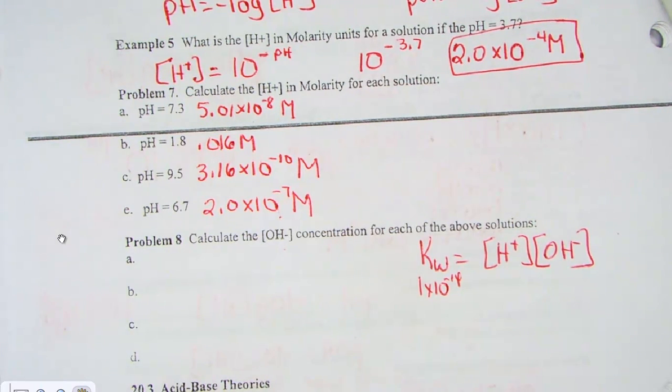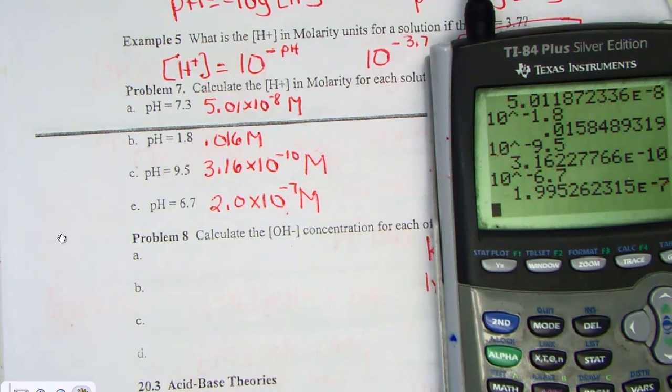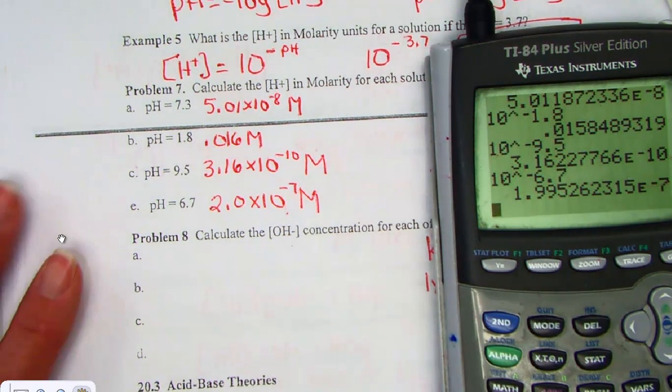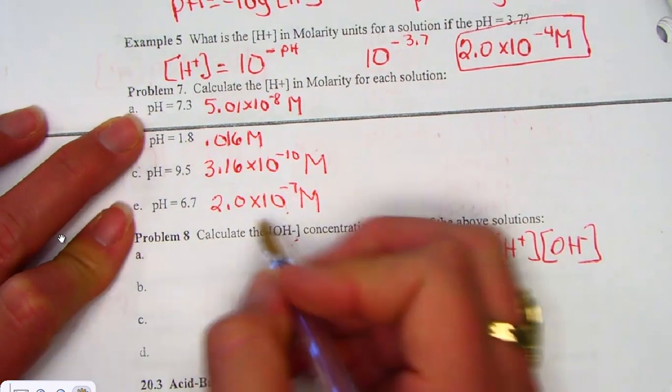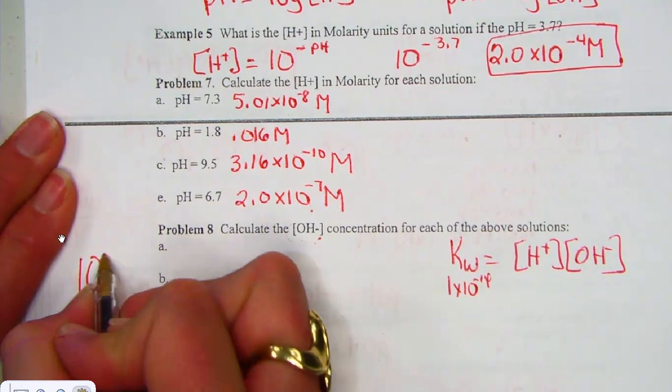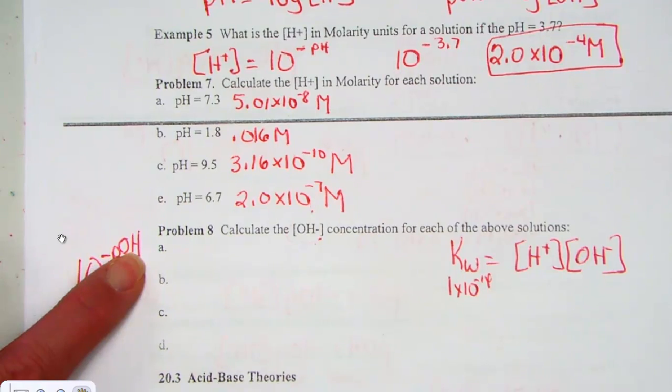But there's an easier way, with fewer keystrokes on the calculator. If I know the pH, but I want to know hydroxide, I'm going to do this formula, 10 raised to the negative pOH, and that gives me hydroxide.